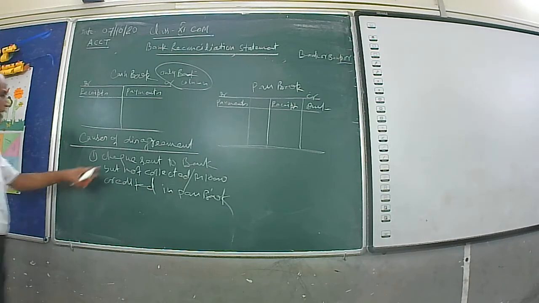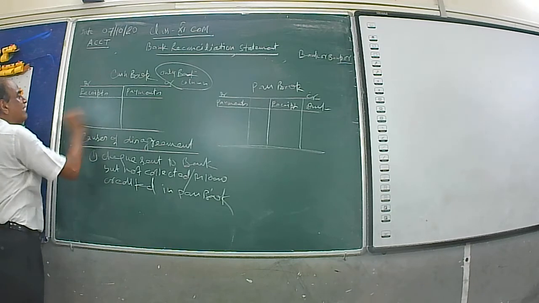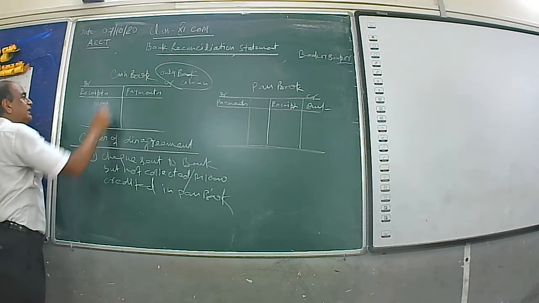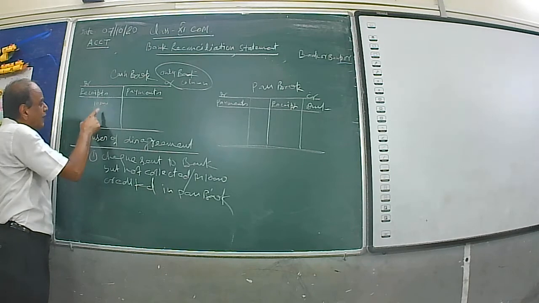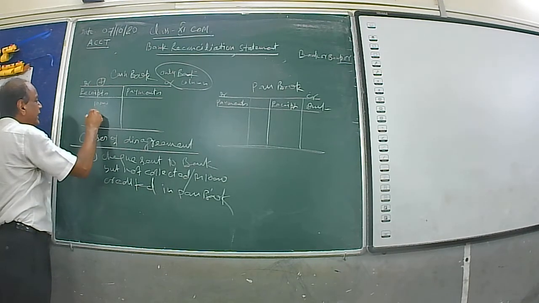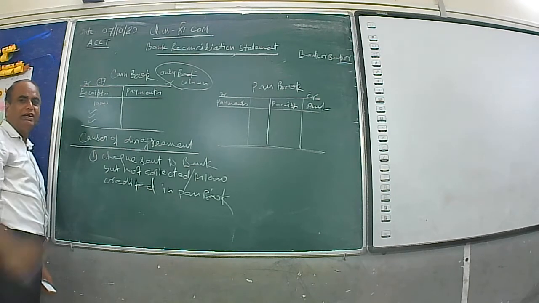So when you have sent the check to bank, you will make the recording in debit side, rupees 10,000. And if the cash book is debited, it means the balance of cash book will increase.